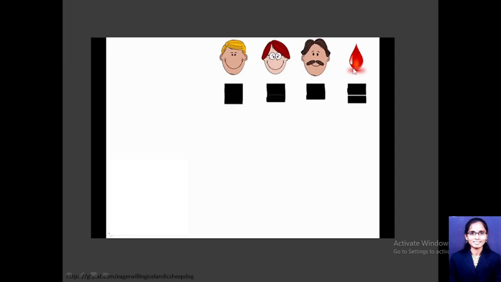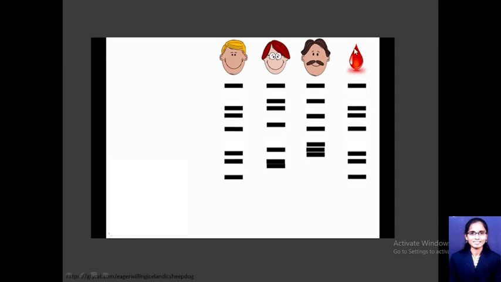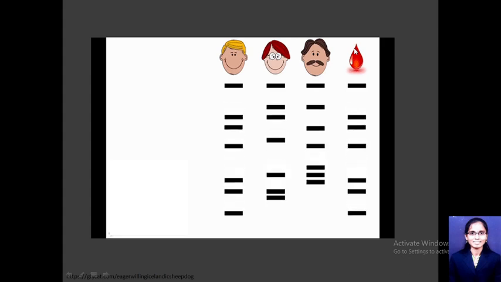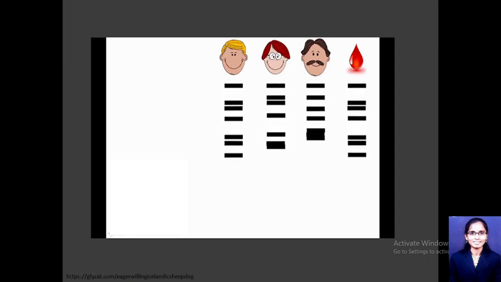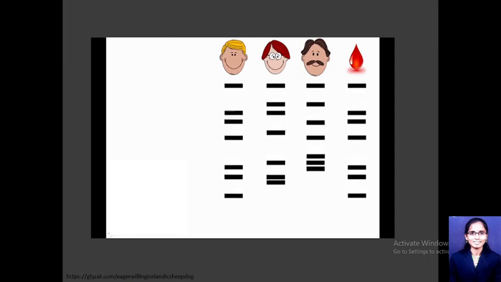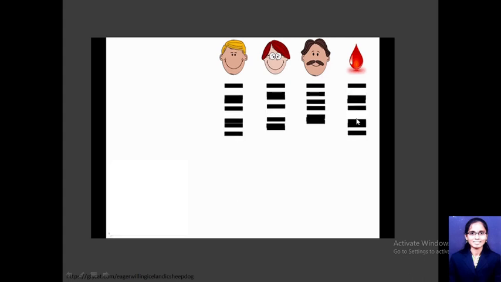Now suppose this is the sample which we have isolated from the crime scene, and these are the three individuals about whom we have a doubt that they were present at the site of the crime. So I will take a DNA sample from each one of them and perform this technique.